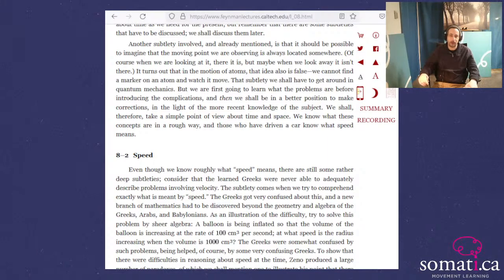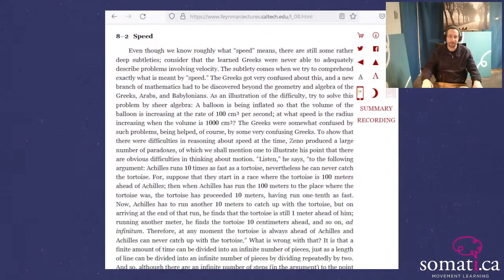That subtlety we'll have to get around in quantum mechanics, but the first thing is to learn what the problems are before introducing the complications, and then we will be in a better position to make corrections and lay in the more recent knowledge of the subject. We shall therefore take a simple point of view about space and time. That's the Newtonian or classical perspective. So speed.